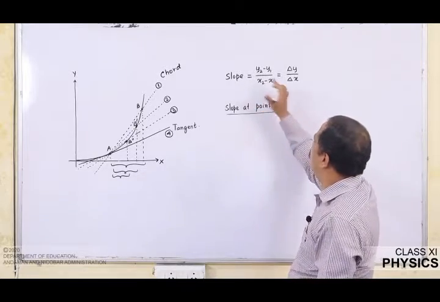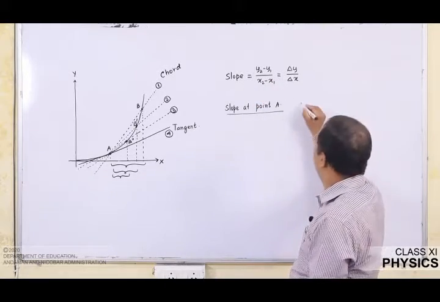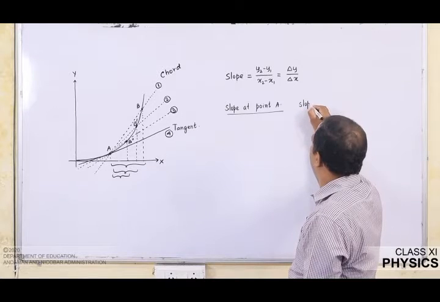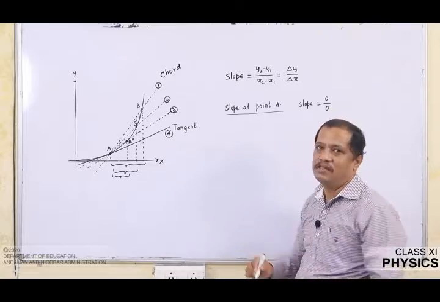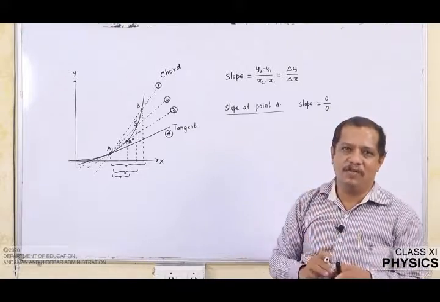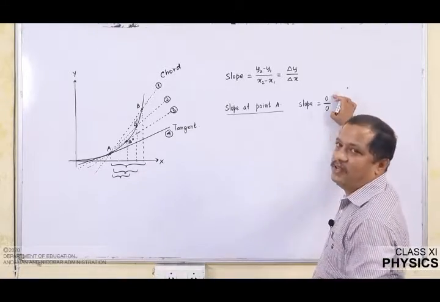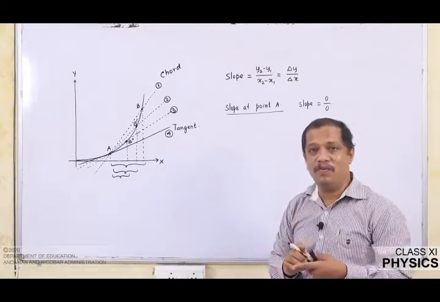So, y2 minus y1, no 2 points. When you try to calculate the slope, you are going to get 0 by 0 because there is no change in value, you consider only 1 point. This is a problem in physics, we cannot divide 0 by 0.